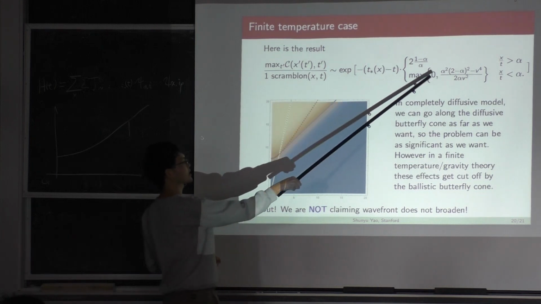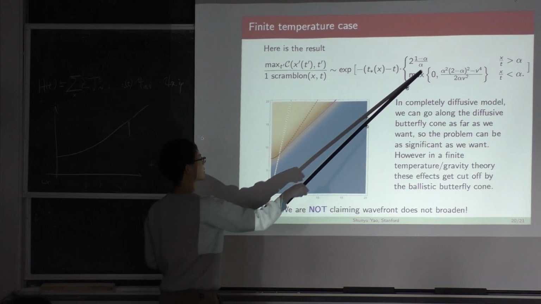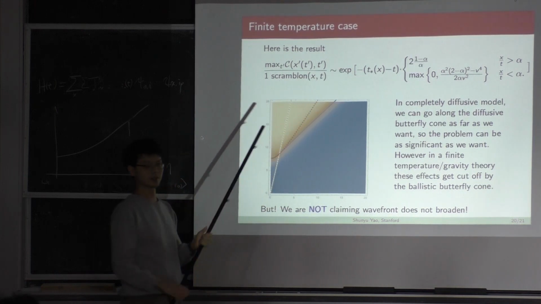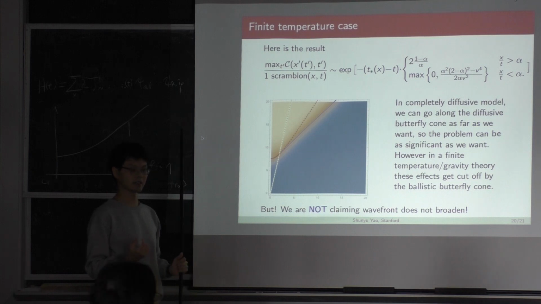And since this coefficient is a constant, if you just set some tolerance rate so that this thing equals e to the minus eta, you will find that this t star minus t is just a constant as a function of x or time.